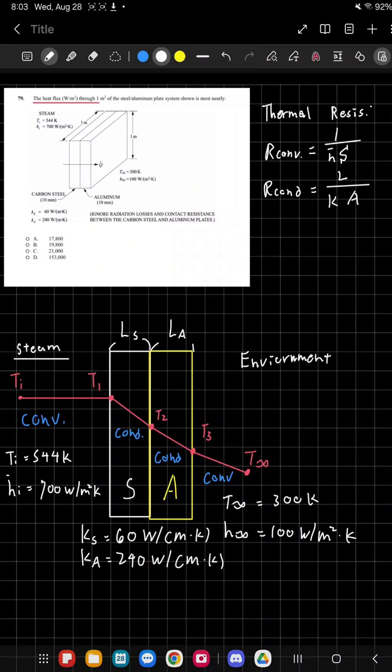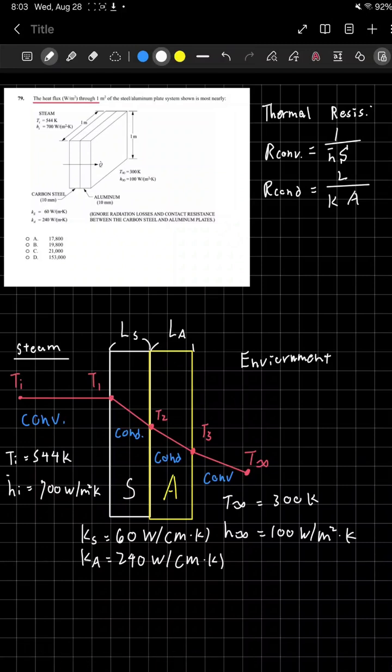So we go from Ti all the way to T infinity, and we do not miss a step. Our heat goes from Ti to T1 to T2, T3, and finally T infinity.